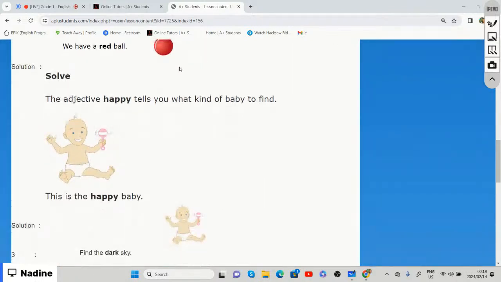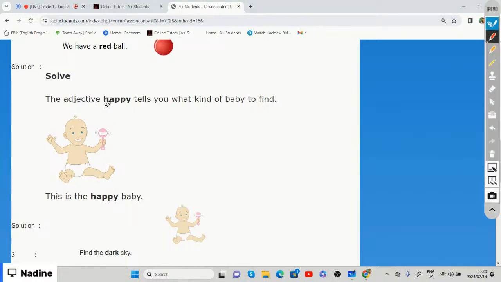Before we go to the adjective, they said we need to find the happy baby. And if they wanted to know where is the happy baby, it says the adjective happy tells you what kind of baby it is.